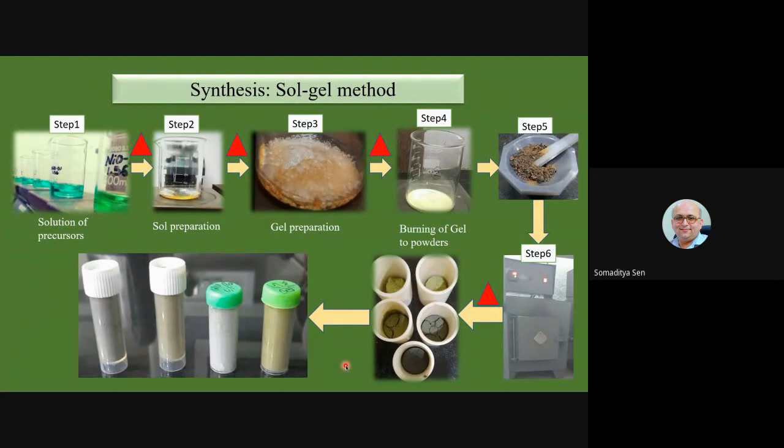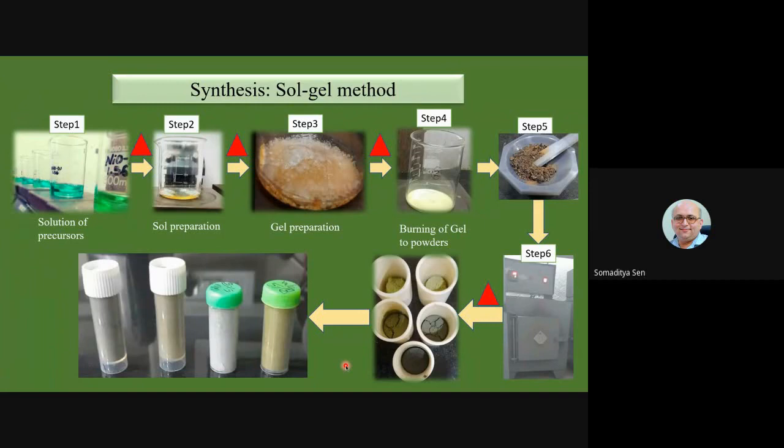The small yellowish part at the bottom of the beaker is a remnant. It still is not a gel. The gel will become much thicker, and further dehydration of the sol provides us the gel, and the gel upon further heating, all these red triangles are symbols of heating.